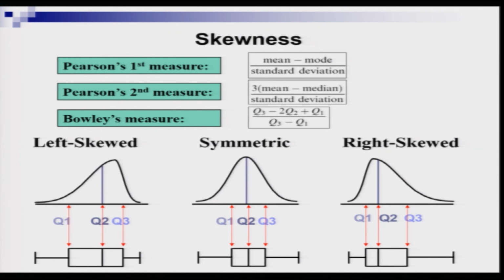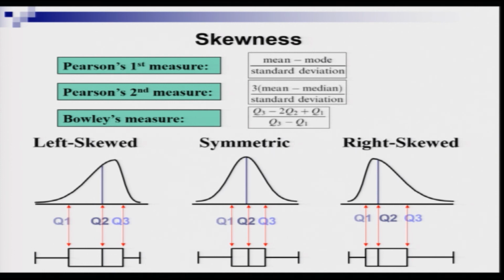Also note that these skewed distribution diagrams can be linked to the box whisker plot that we have discussed in the last slide. These red arrows for each diagram are linking the first quartile, second quartile and third quartile of the distribution to the box whisker plot.